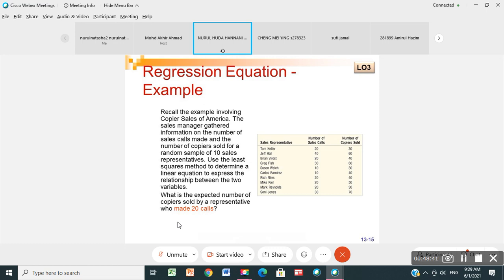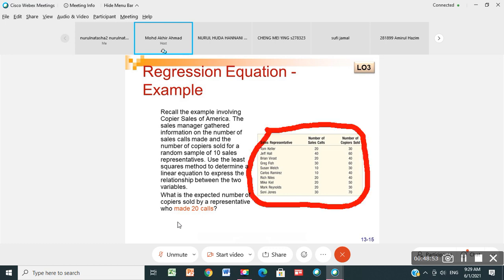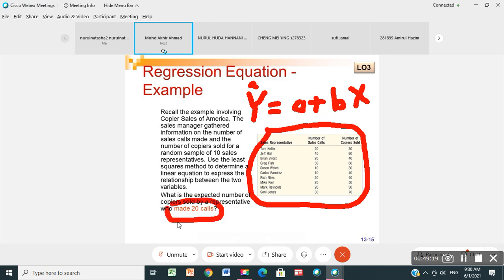Okay, thank you. So now we have this data. With this data, we want to develop the equation y hat equal to a plus bx. Second, we use this equation to determine how the model looks in case we do 20 calls.